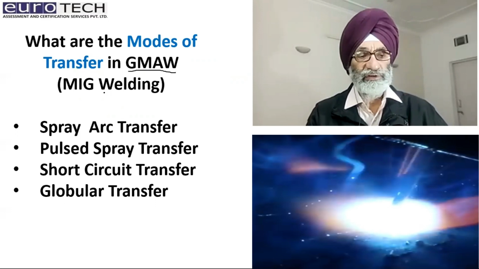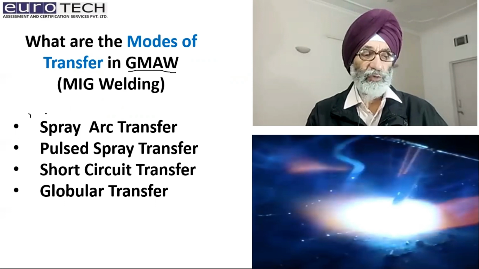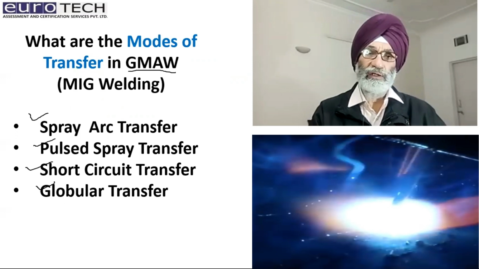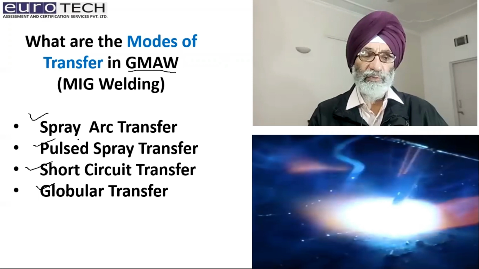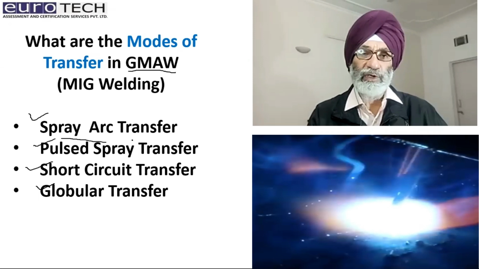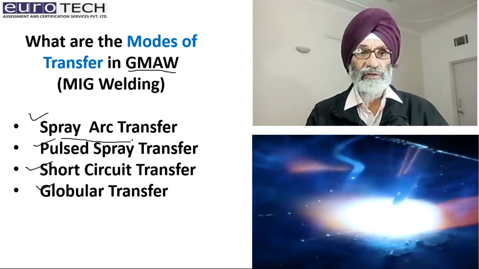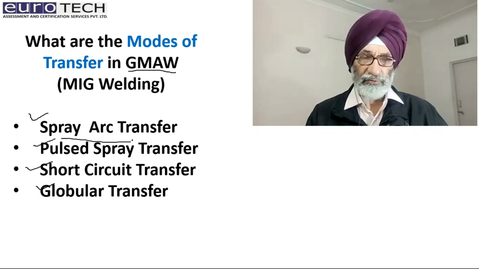There are 4 methods, known as spray arc transfer, pulse spray transfer, short circuit transfer and globular transfer. In this video, we will only cover one of these, the spray arc transfer, in detail, and the rest of the modes of transfer we will cover in later videos.